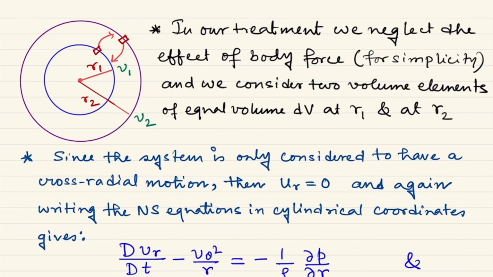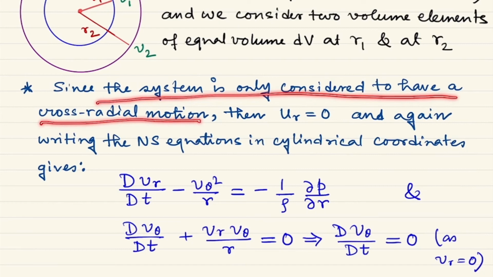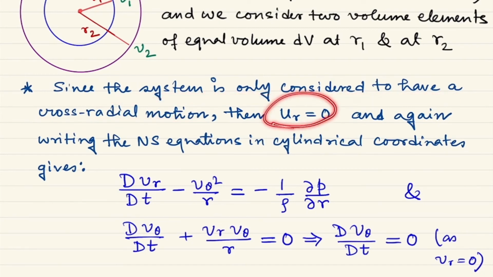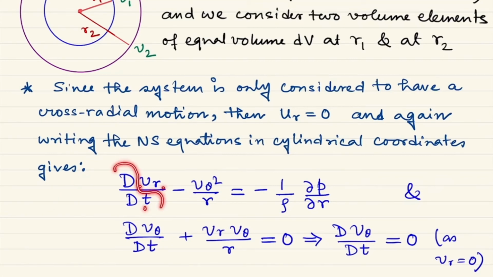Now, since the system is only considered to have azimuthal motion, then Ur is 0. And again, writing the Navier-Stokes equation in cylindrical coordinates because of the axis symmetry, we have finally dVr/dt. So d/dt is nothing but the material derivative.